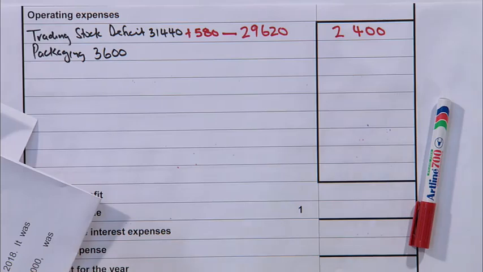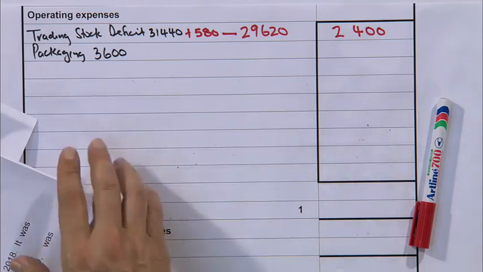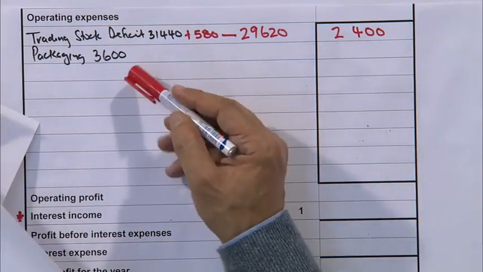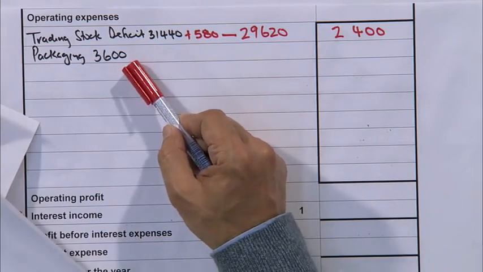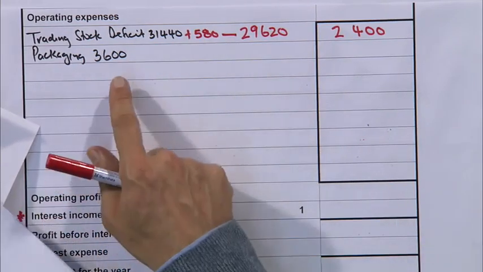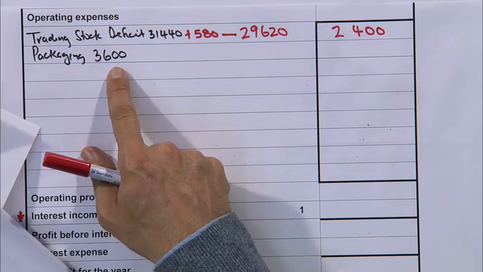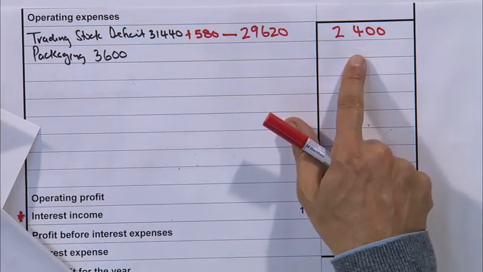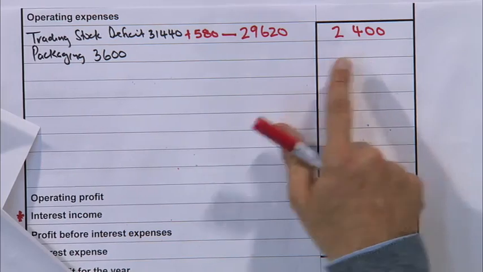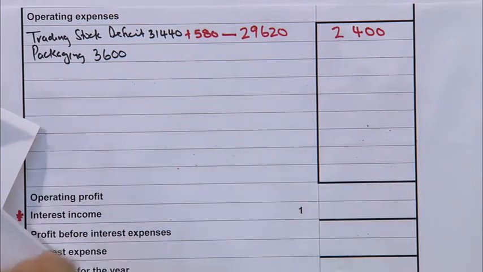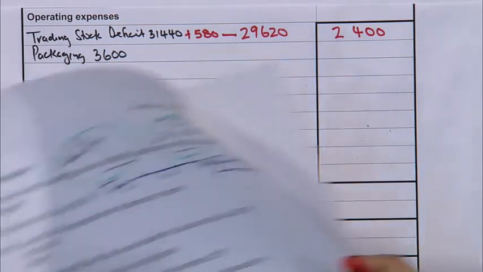Now that is the figure that the pre-adjusted trial balance is telling me. That means I've spent 3,600 on packing material. If I've used up everything, then the 3,600 will be my expense for the year. So I need to check what the adjustment says regarding packaging.